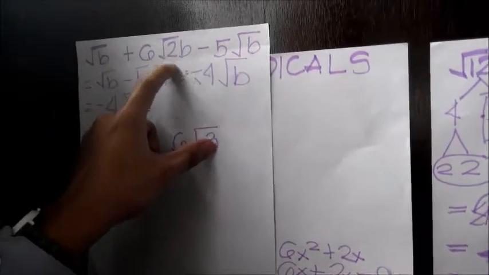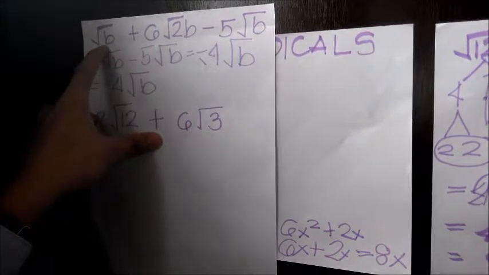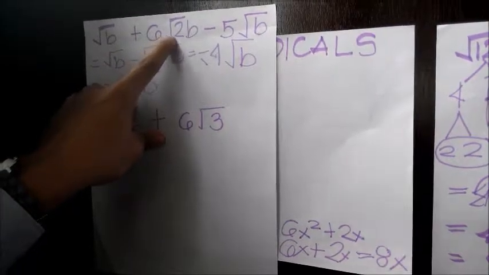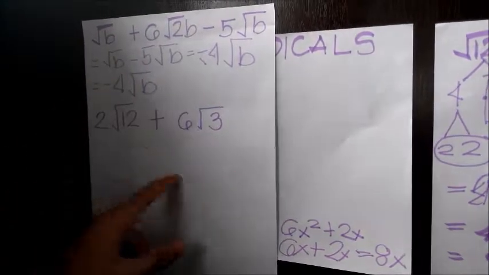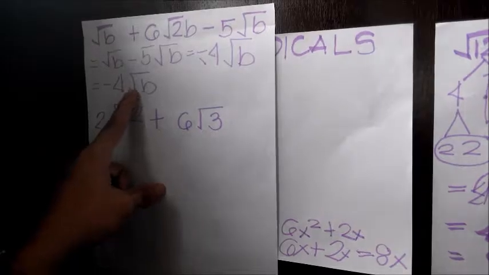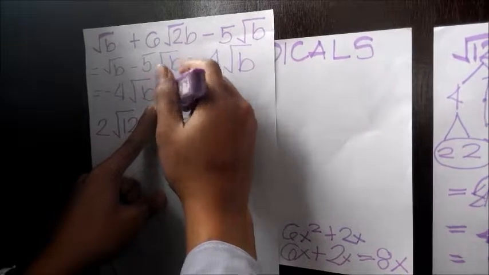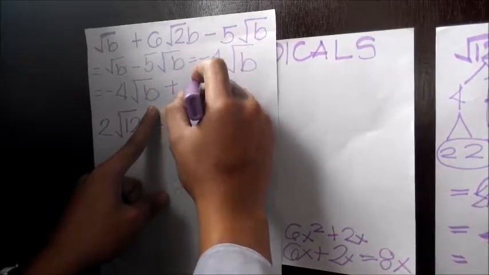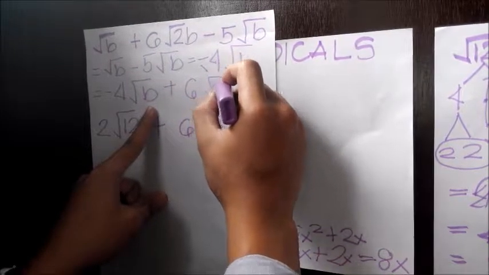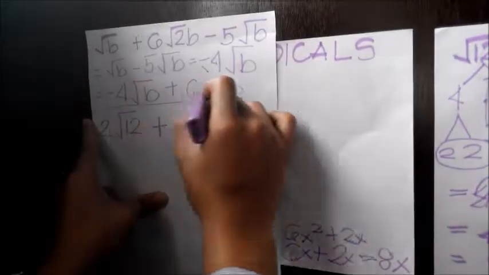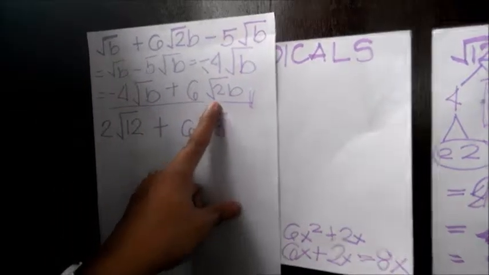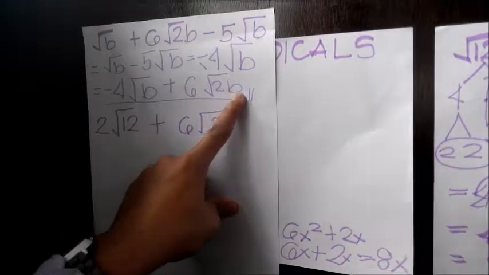So just like in here, the square root of b and 6 square root of 2b are different. So we carry over the 6 times the square root of 2b, and that's the answer, because we can't do anything about the 6 times the square root of 2b.